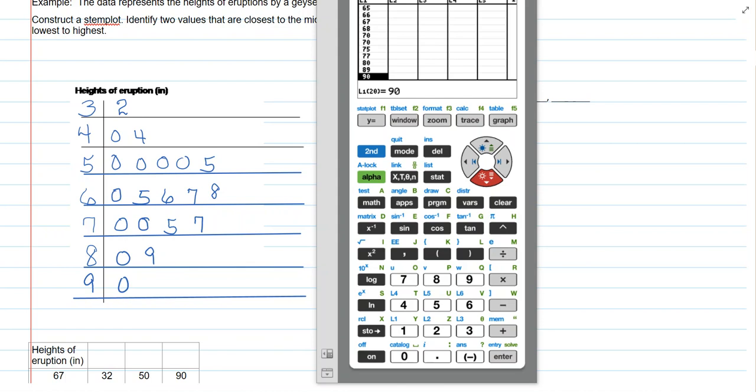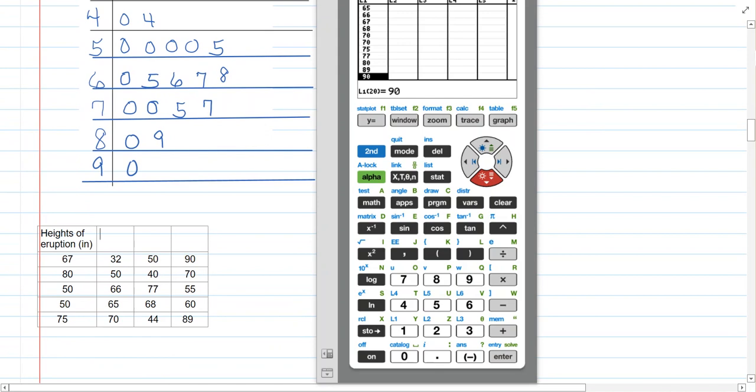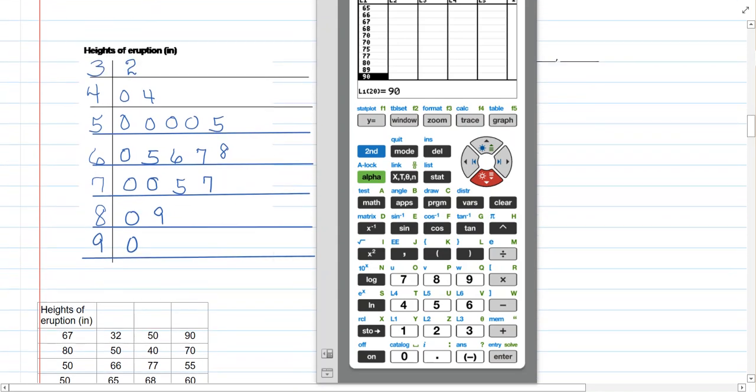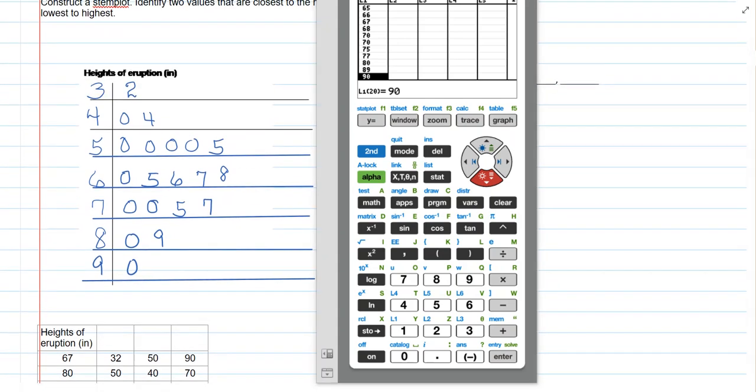Let me look again. Let's see what I have. Yes, I did not mess up. It's pretty good. All right. So now, what does it look like?